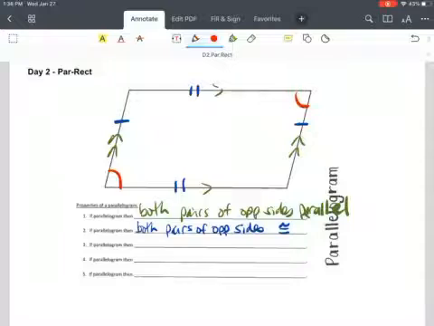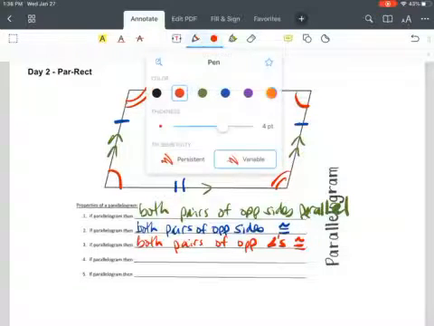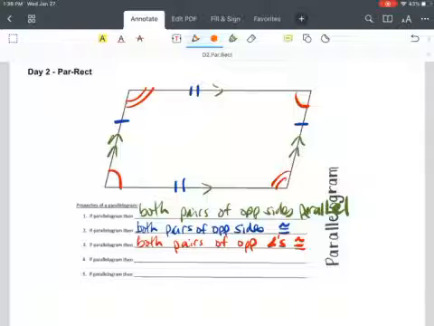Also, both pairs of opposite angles would also be congruent. One more with the angles. That would mean that the consecutive angles, so two angles that are in a row, are going to be supplementary.